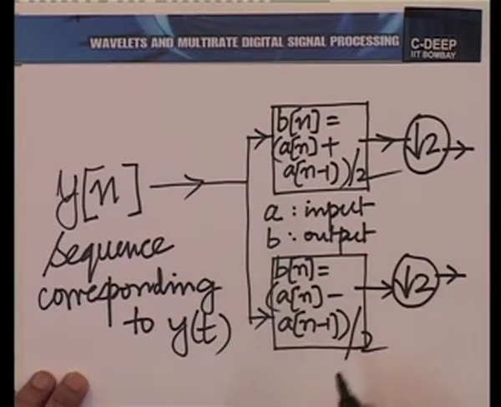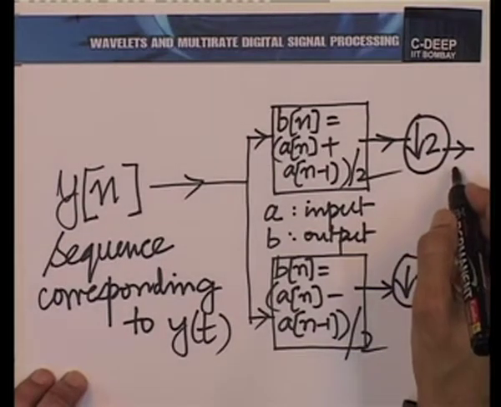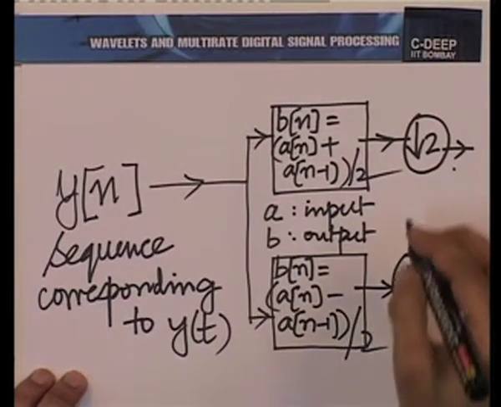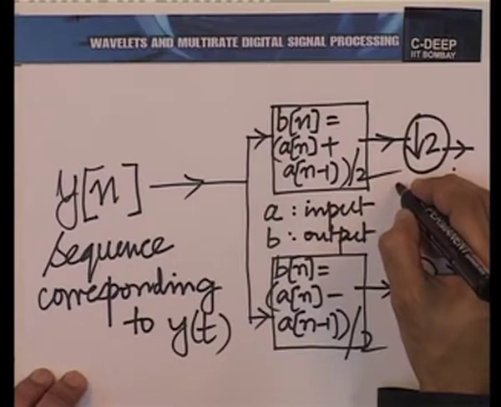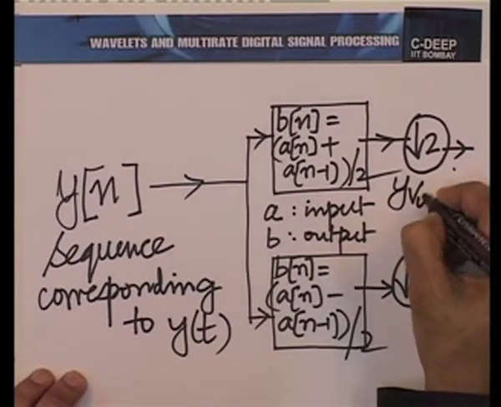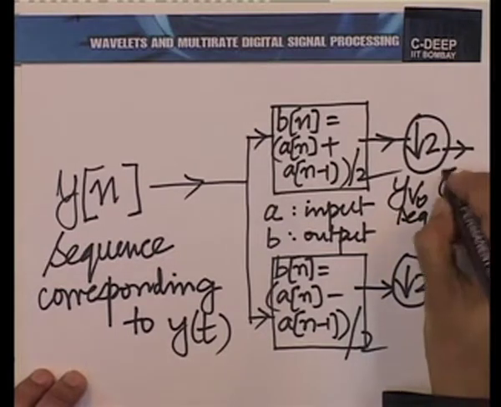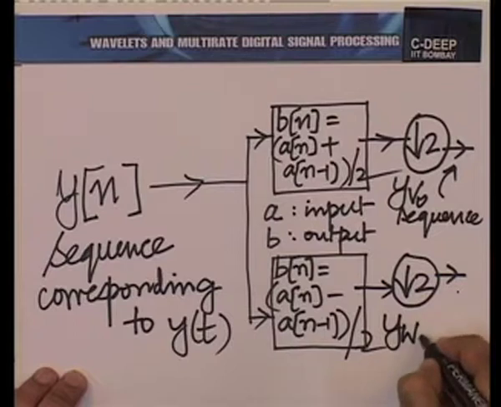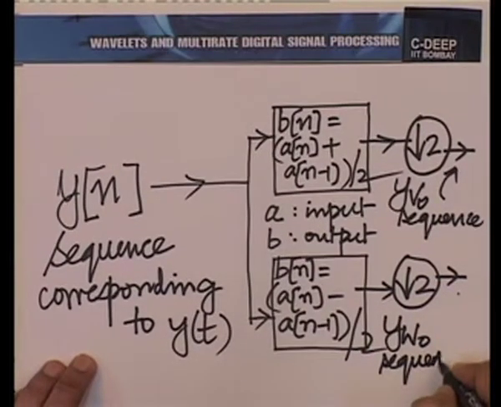So, this is the structure that gives me the sequence for V0 here and the sequence for W0 here. Let us write that down. The Y V0 sequence there and the Y W0 sequence here.